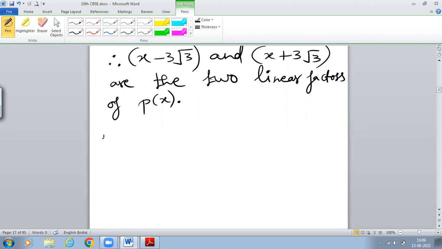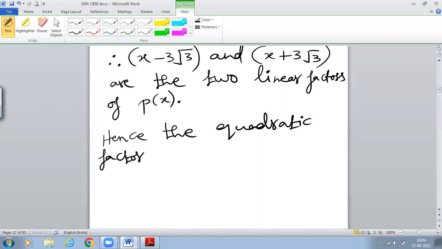To find the quadratic factor of the given polynomial, I'll write: hence, the quadratic factor of p of x, the given polynomial, is obtained by multiplying the two linear factors.